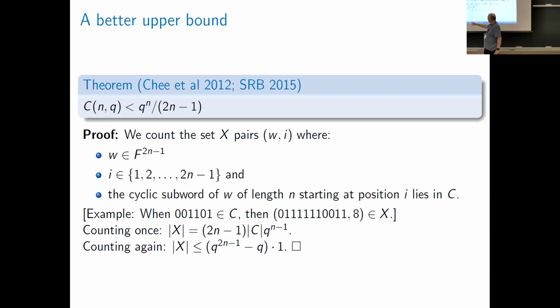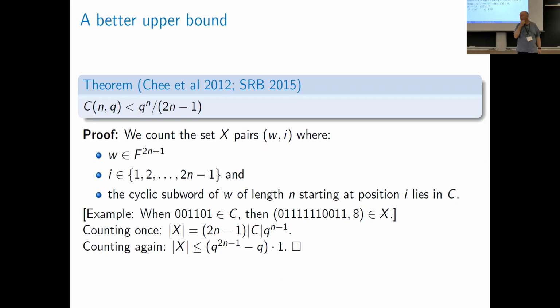Whatever it is, it's not any of the q constant words, because if you've got just the same symbol written over and over again, no matter where your code word is going to be, it's going to be the constant word, and the constant word is never going to be in your code because it overlaps with itself non-trivially. So it can't be part of a non-overlapping code. So we can't find a position i for those q constant words. So there's at most q^(2n-1) minus q possibilities for W.